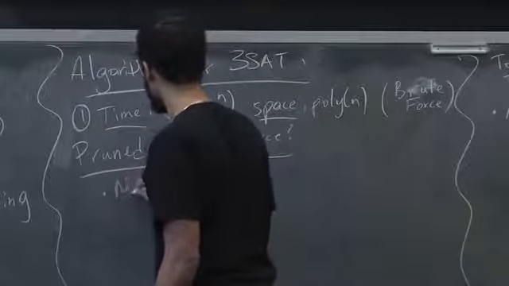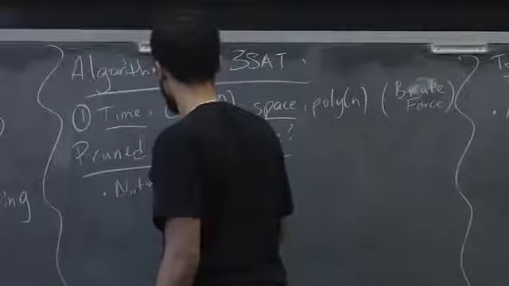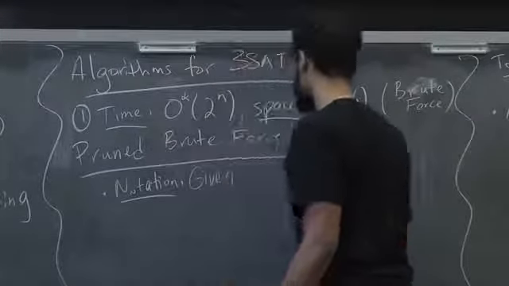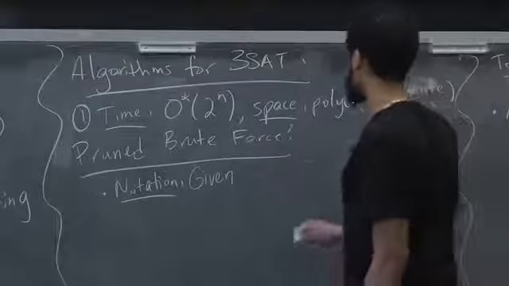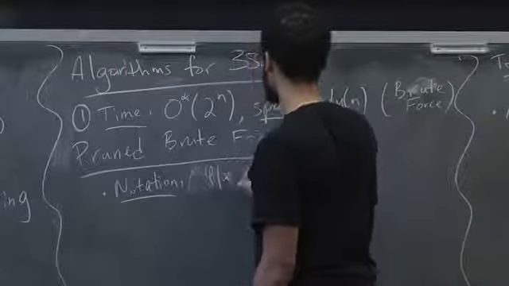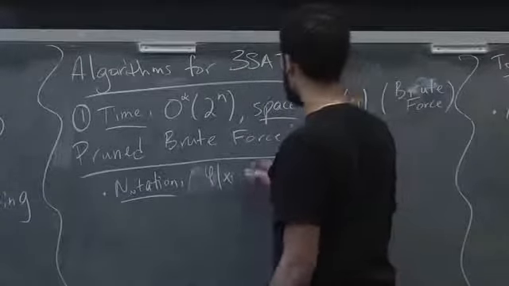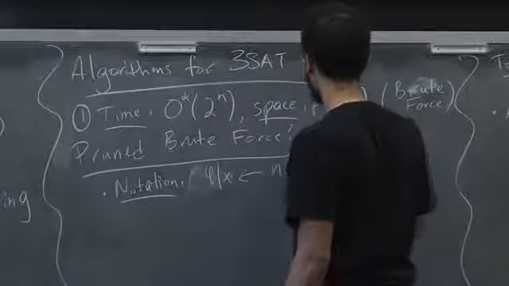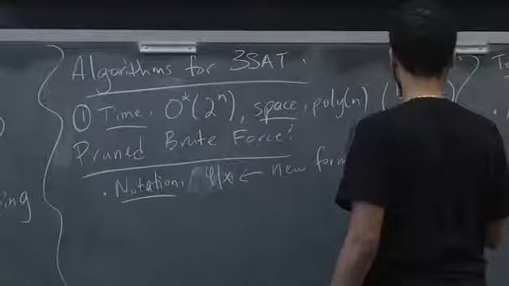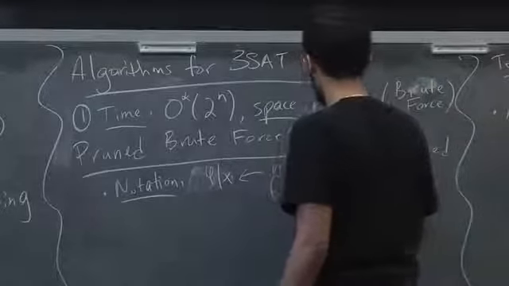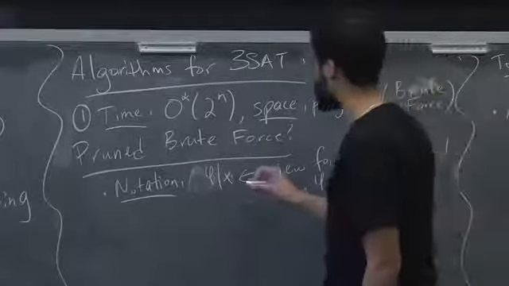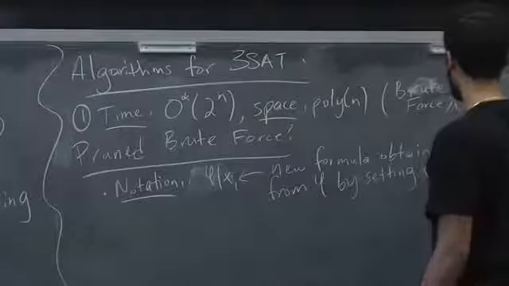Just notation. So given, let's say, if I say phi_x or something like that, this is the new formula obtained from phi by setting, let's say x1 or something, by setting x1 to be true.